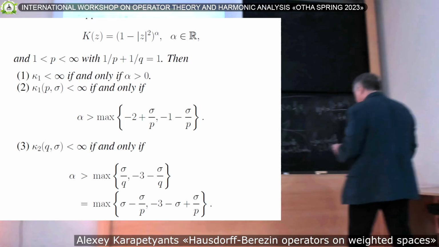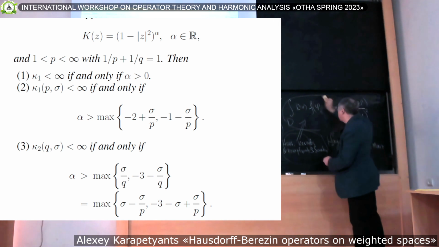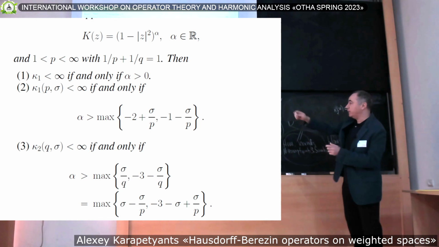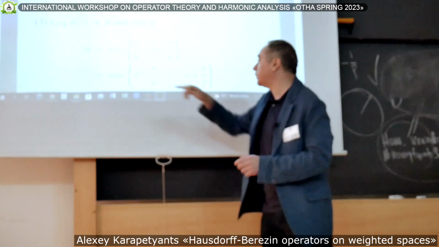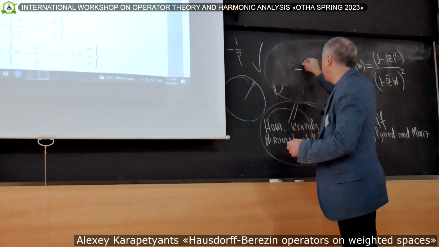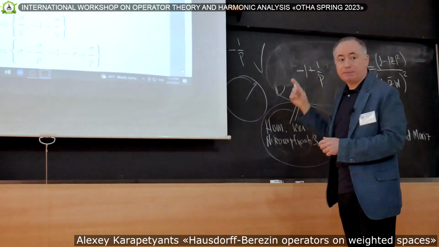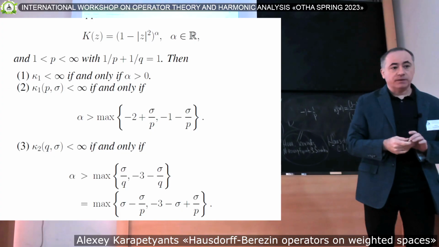So imagine what's going on if we formally put sigma to be -1. Then the maximum will be attained here. For instance, we have -1 plus 1 over p. The same condition that we had obtained by a different method.